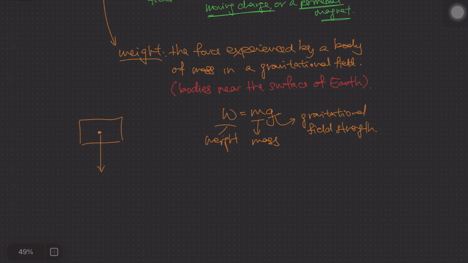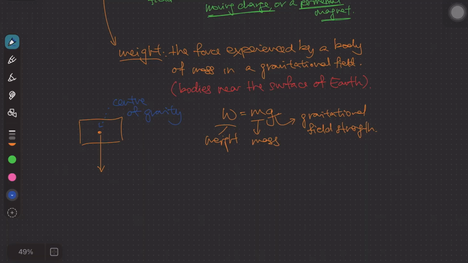For example, given this box, we can say that this weight acts vertically downwards towards the center of the Earth through this singular point. And what do we call this point? We call it the center of gravity.